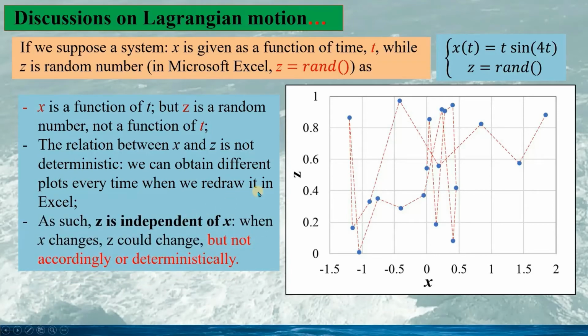As such, we can say z is independent of x, since when x changes, z could change, but not accordingly or deterministically. This means z is independent of x.